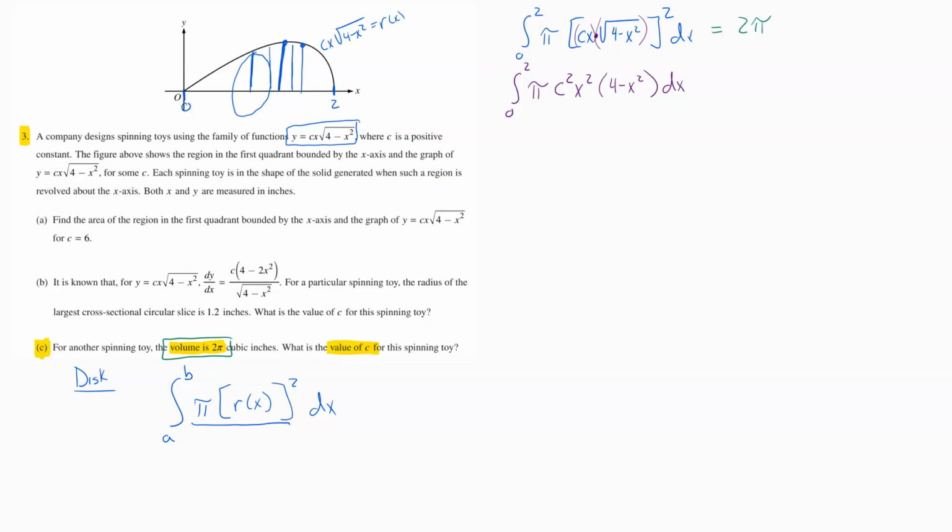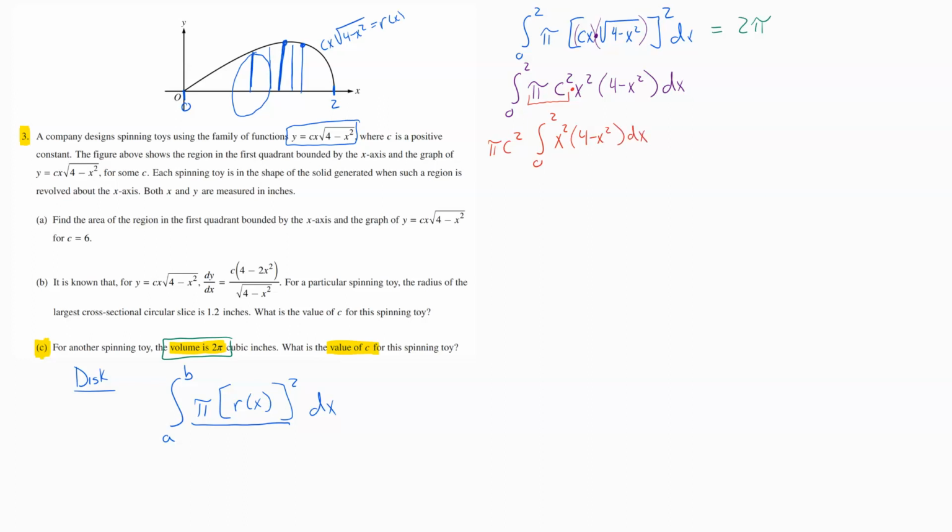To make your life easier, before you dive in, you want to pull constants to the front if you can. All of these things are being multiplied, so they are constants. We can pull a pi and a c squared to the very front, and that leaves us with the integral from 0 to 2 of x squared times 4 minus x squared, dx.